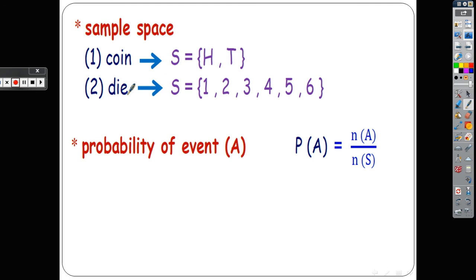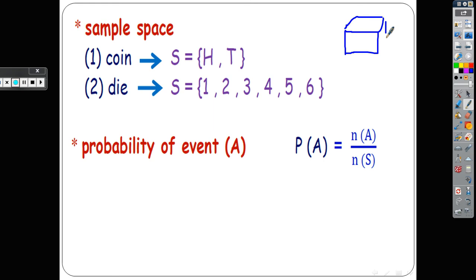If you want to throw a die, what is the sample space of the die? What the meaning of die? A die is a small cube consists of 6 faces, and each face has written on it one number.